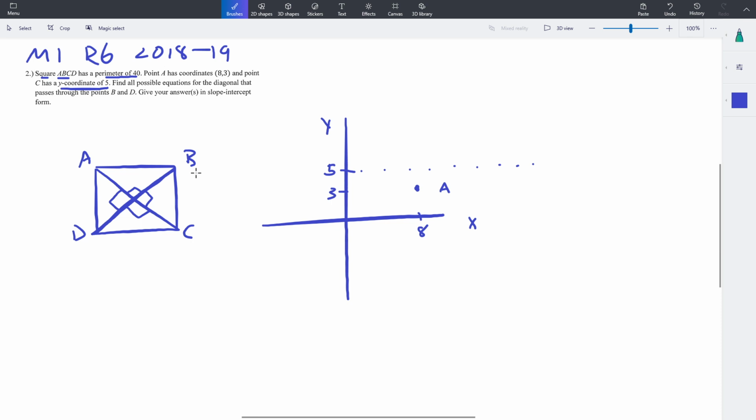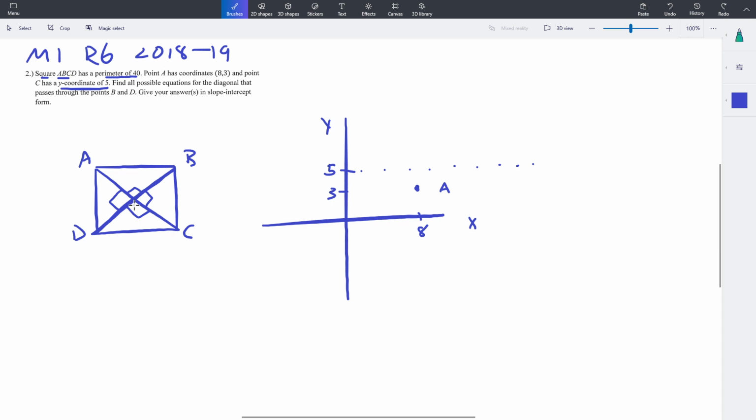Squares have 90-degree angles on all sides, and that also means that we have perpendicular lines. So how would you prove that all of these are 90-degree angles? Well, since all 4 sides are the same length, when you draw a cross through the middle, both diagonals are going to be the same length due to the Pythagorean theorem.